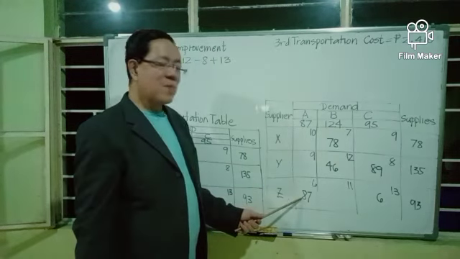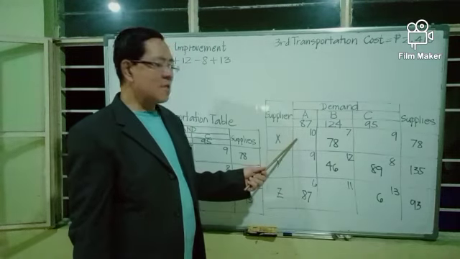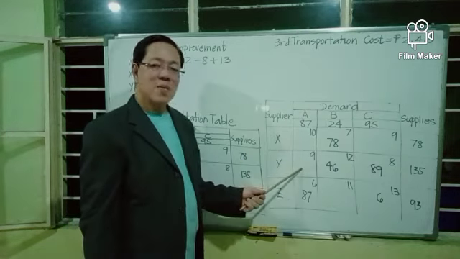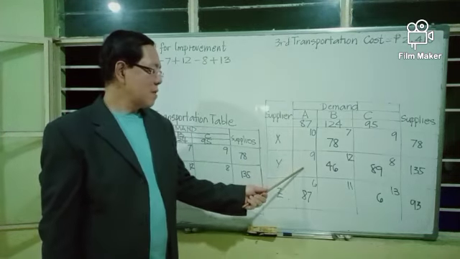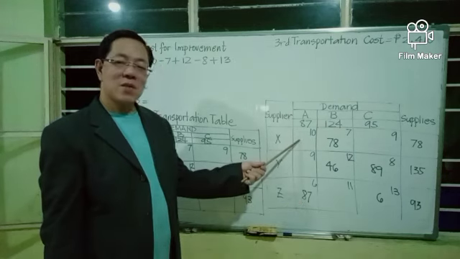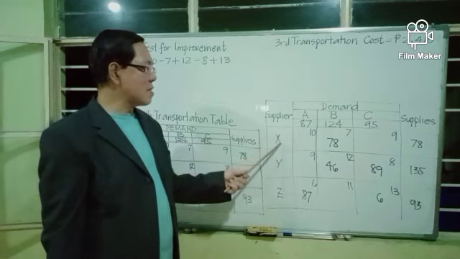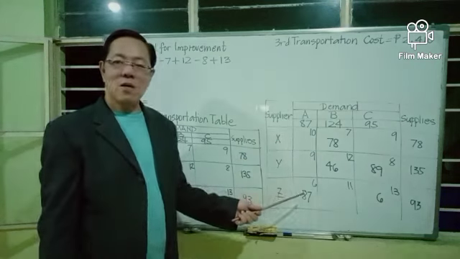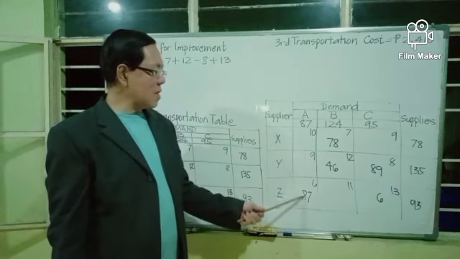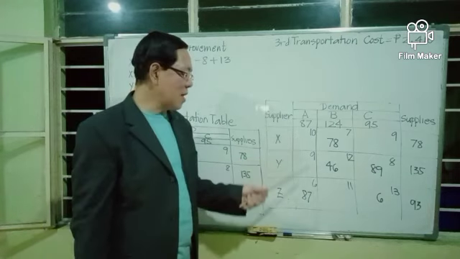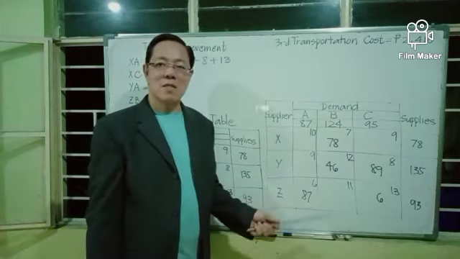And from 87, we move straight back to the vacant cell XA. We skip this vacant cell. From 87, we go directly to this vacant cell, and we are back to where we started, the vacant cell XA. The cost associated with this vertical movement from 87 back to the vacant cell XA is minus 6.